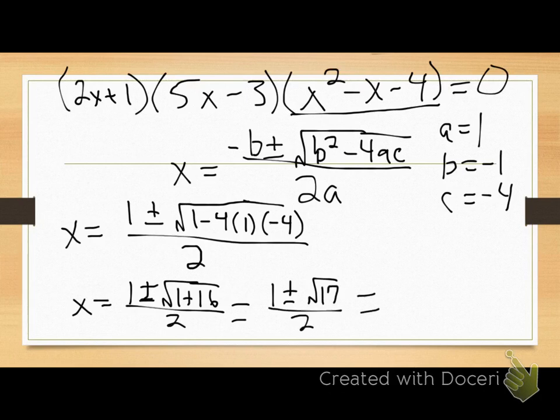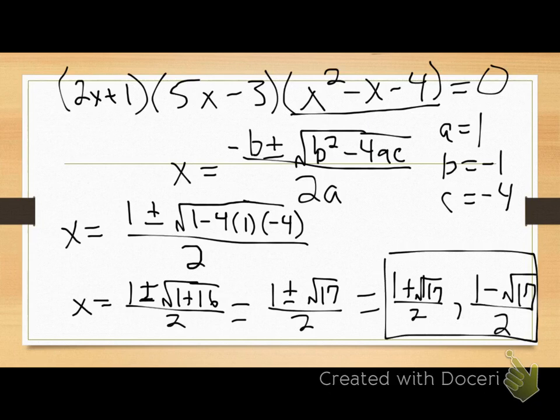So here are 2 of my solutions. Can I take the square root of 17 and get a nice whole number? No. Can it be simplified any? No. So one of my solutions is 1 plus the square root of 17 over 2. And 1 minus the square root of 17 over 2. There are 2 of my solutions.